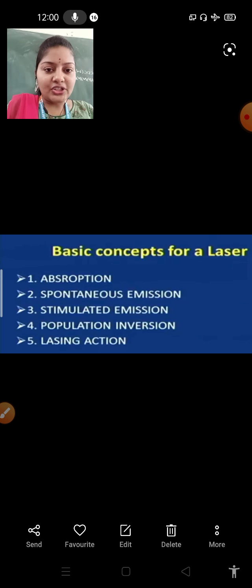First of all, population inversion. The ground state contains more atoms when compared to the excited state, because the ground state has more stability.